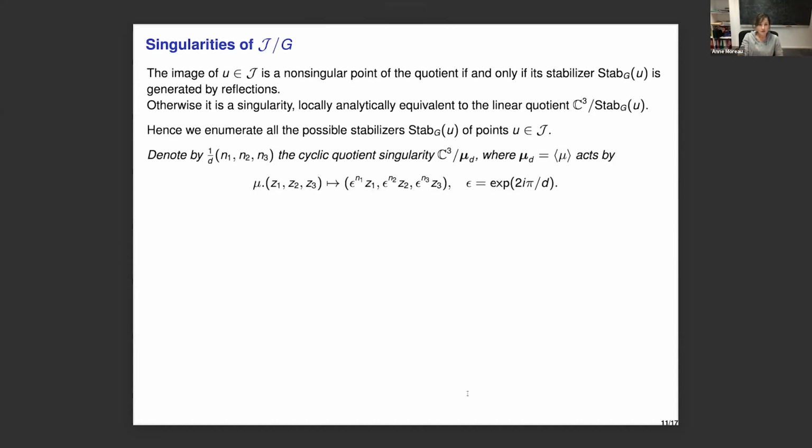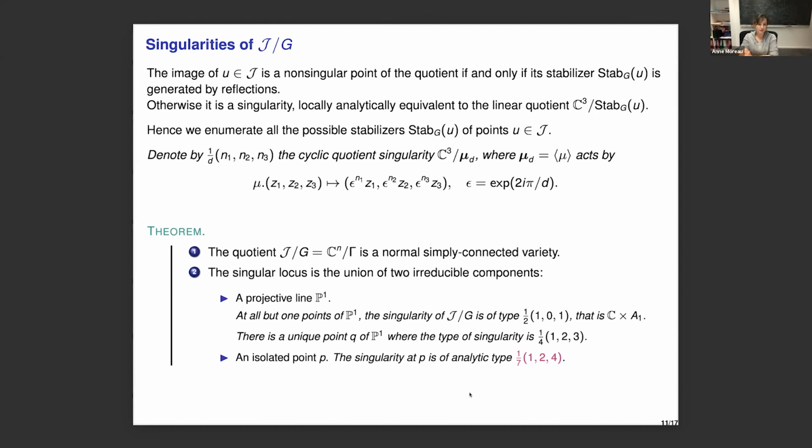In the theorem I would like to state now, I use a standard notation: I denote by 1/d (a1, a2, a3) the cyclic quotient singularity of C3 by the cyclic group of order d, acting on C3 by multiplying the coordinates by a primitive root of unity to the power of the corresponding weight.